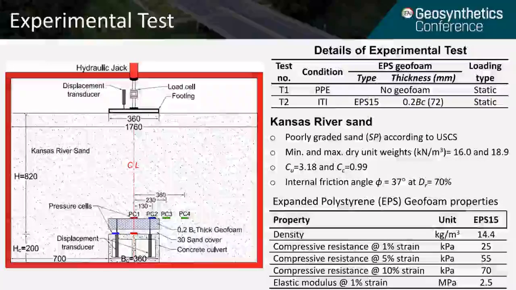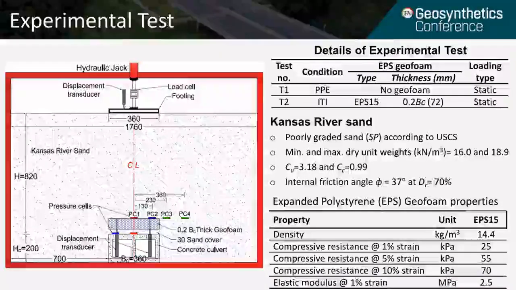It shows the footing also on top of the embankment, where it's centered along the center line of the box culvert, and it has the same width as the box culvert.